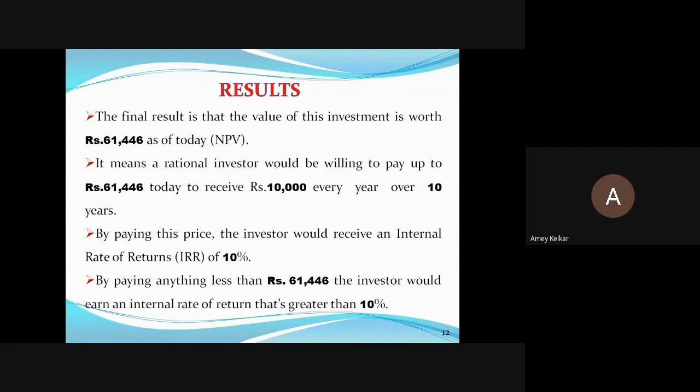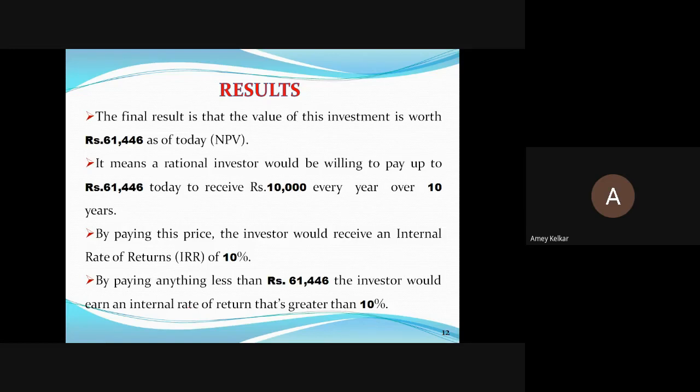Say you are purchasing a second-hand truck, and that truck will be giving you an income, taking out all your expenses, of 10,000 rupees every year for the next 10 years. So what should be the cost of the truck today?